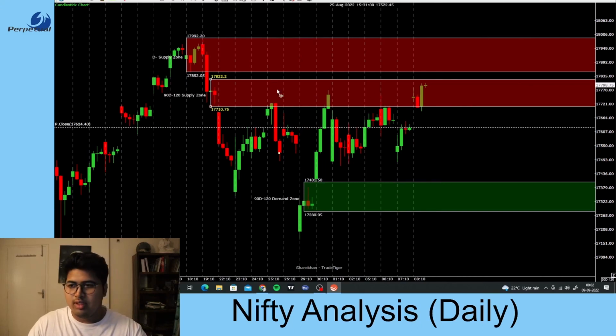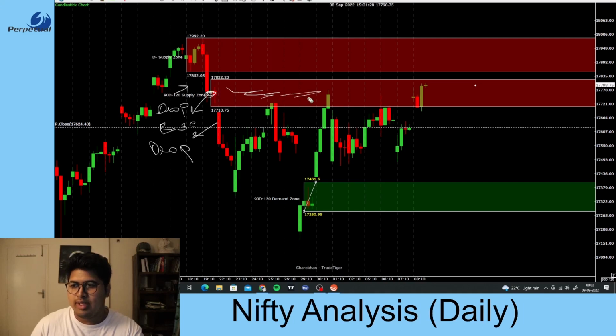This is a supply zone, this is a demand zone, and in yesterday's video what I had said was that this particular zone that I've marked here, I'll just show you, this one, it's a very beautiful drop, base, and a drop. Very beautifully done. First time touch, second touch, this is the third time that it's touched.